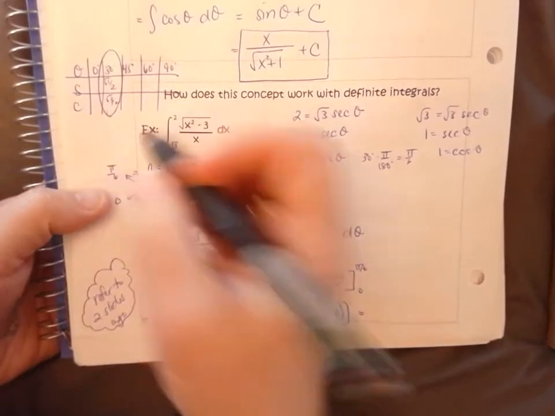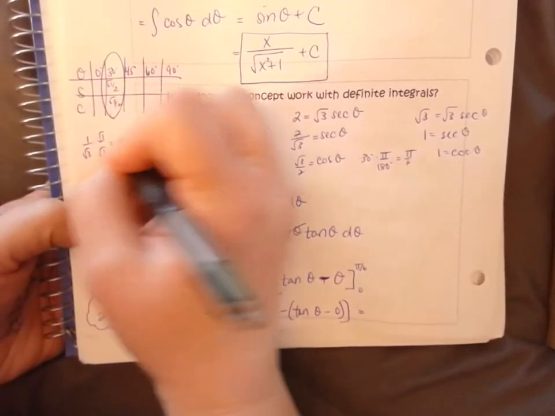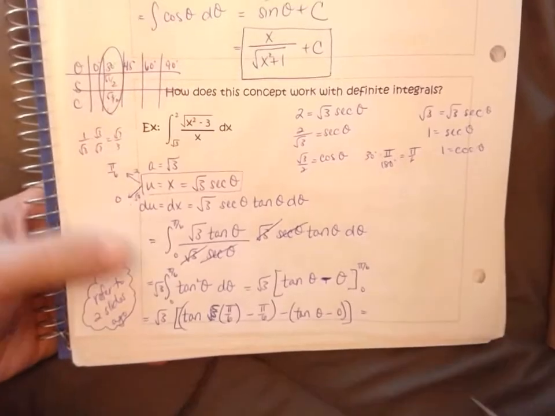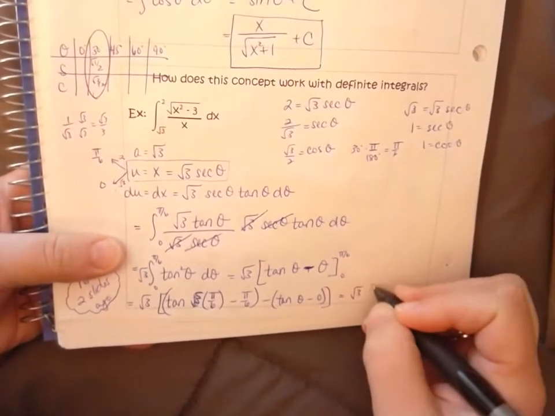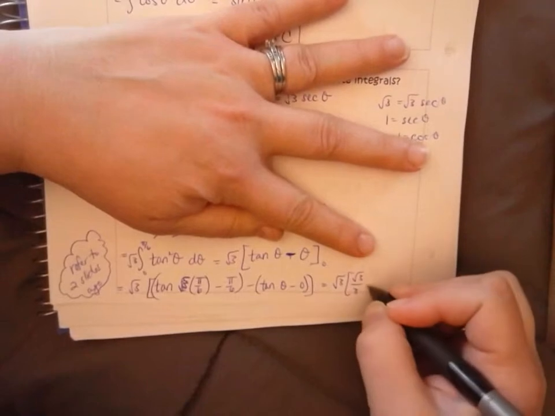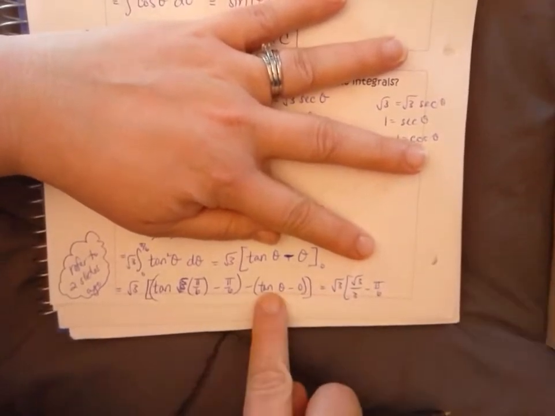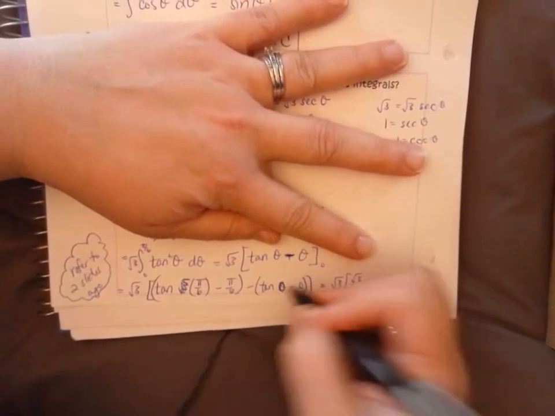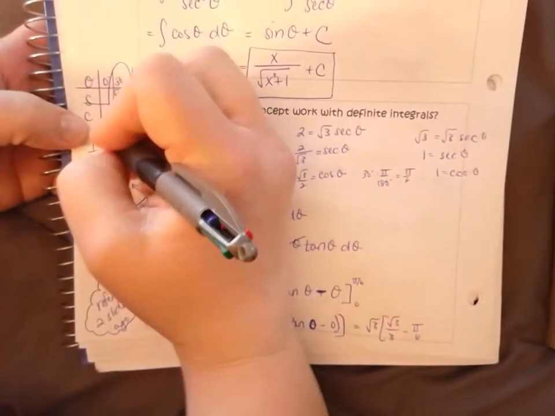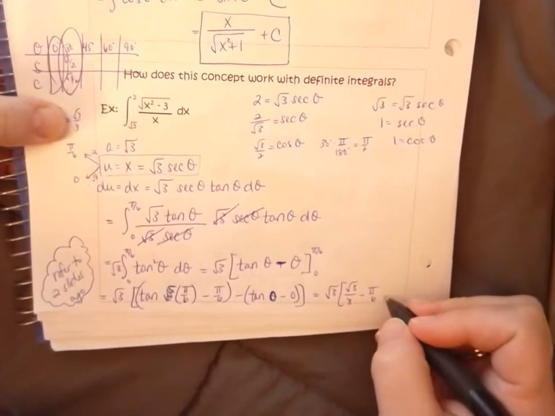There's a lot of work going on here to rationalize that, so this becomes root 3 over 3. Tan of 0, that should have been a 0. The sine value is 0, so this is going to be 0.